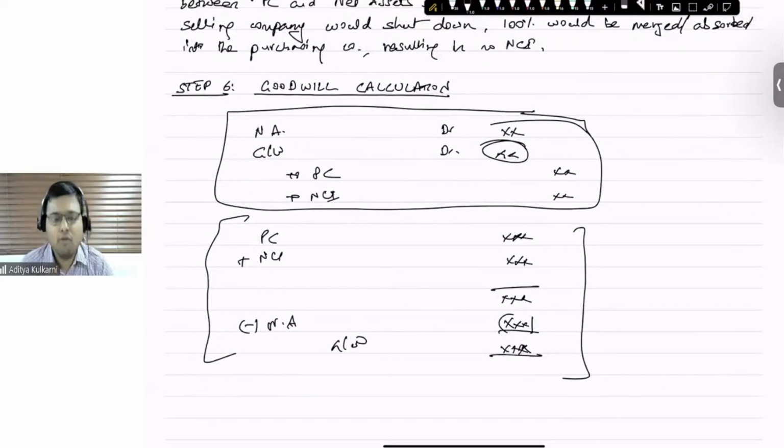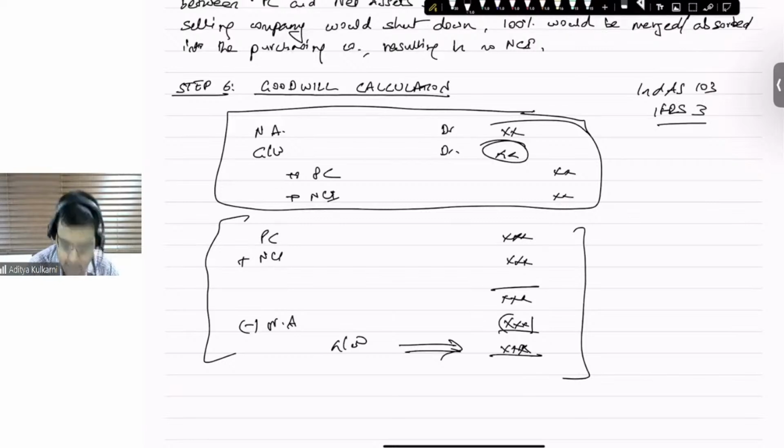Now, when you look at this, the final figure is goodwill. Goodwill will be a positive figure generally. But the standard gives a word of caution. See, Ind AS 103 comes from IFRS 3, which deals with business combination.